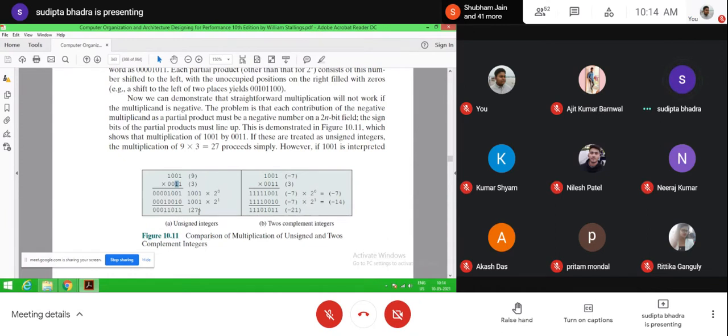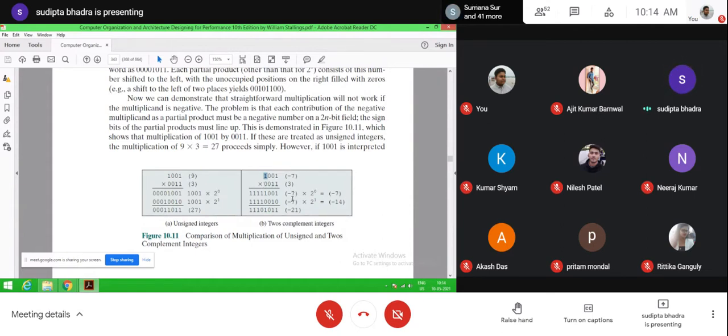Now for the 2's complement form, 1001 does not mean 9, it means minus 7, because the MSB 1 is minus 8 and the LSB 1 is 1, so minus 8 plus 1 is minus 7. And 0011 is 3.